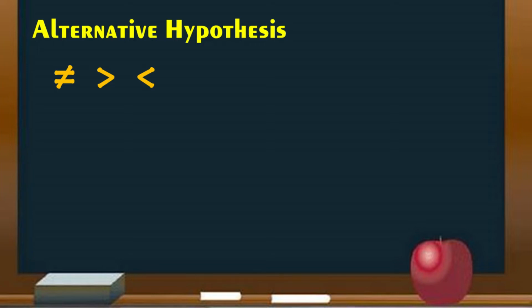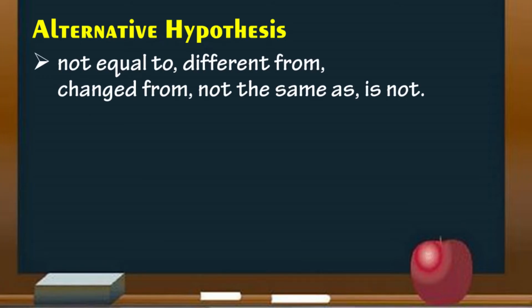We will use the sign not equal to if the following words are present in a given statement: not equal to, different from, change from, not the same as, is not.